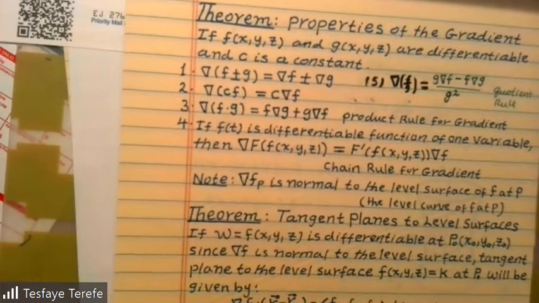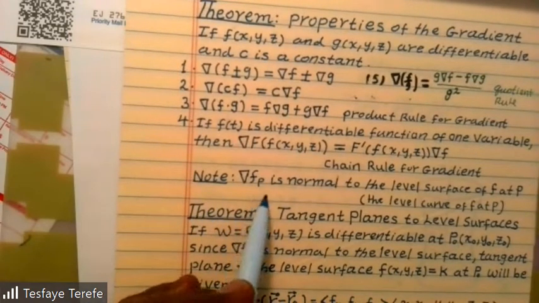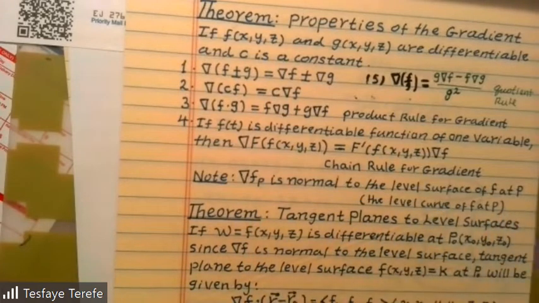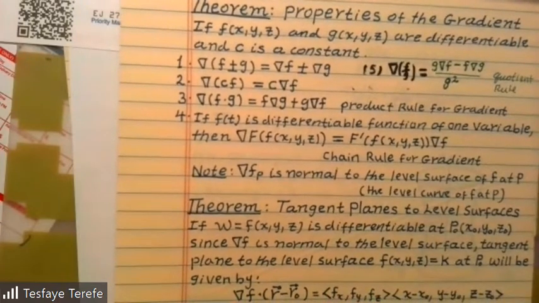I want you to know that the gradient at the point is normal to the level surface of f at that point. Or, in 2D, to the level curve at that point. Term: tangent planes to level surfaces.